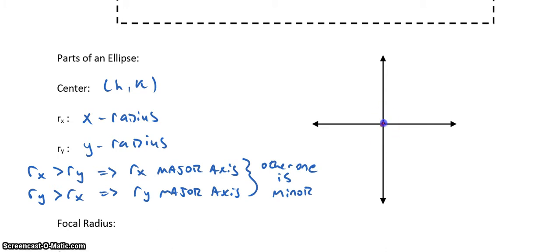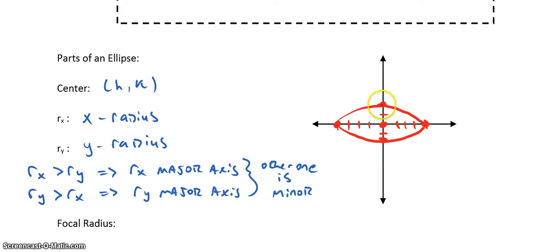Alright, so when graphing an ellipse, it will look something like this. Let's say the center is my origin. Let's say the r sub x radius is like 4. So it's 4 in both directions, and my y radius is 2. So up 2, down 2. So this would be my ellipse.